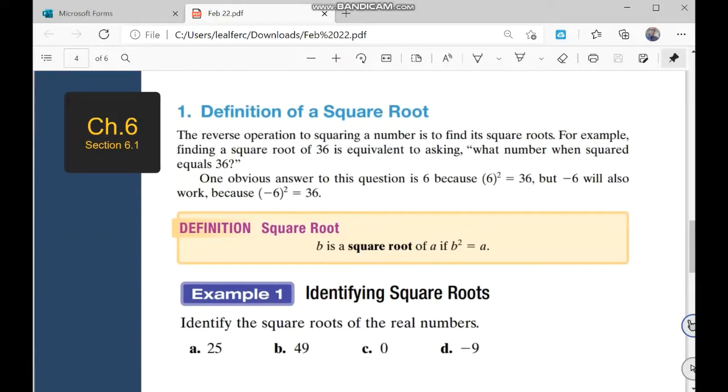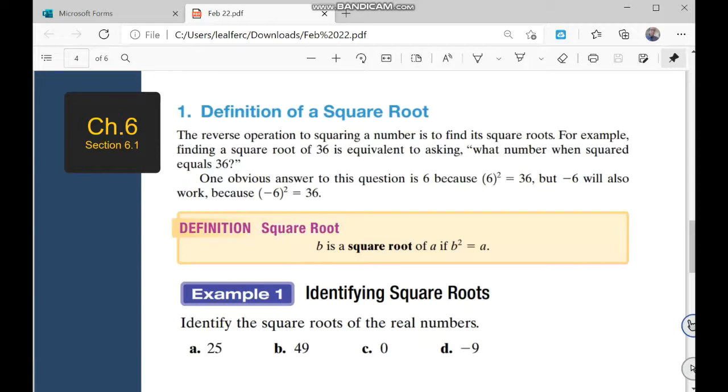We will start with something basic, very simple but important, because there's a couple of concepts that we are going to work on today, very subtle, very simple things, but you need to understand them so later you don't mess up, okay? So, definition of a square root. Basically, the square root is the reverse operation of squaring a number.